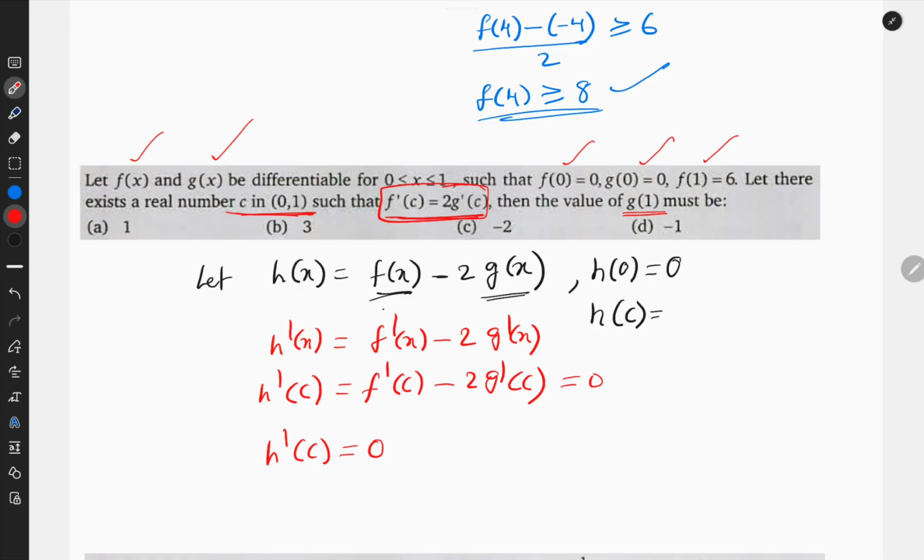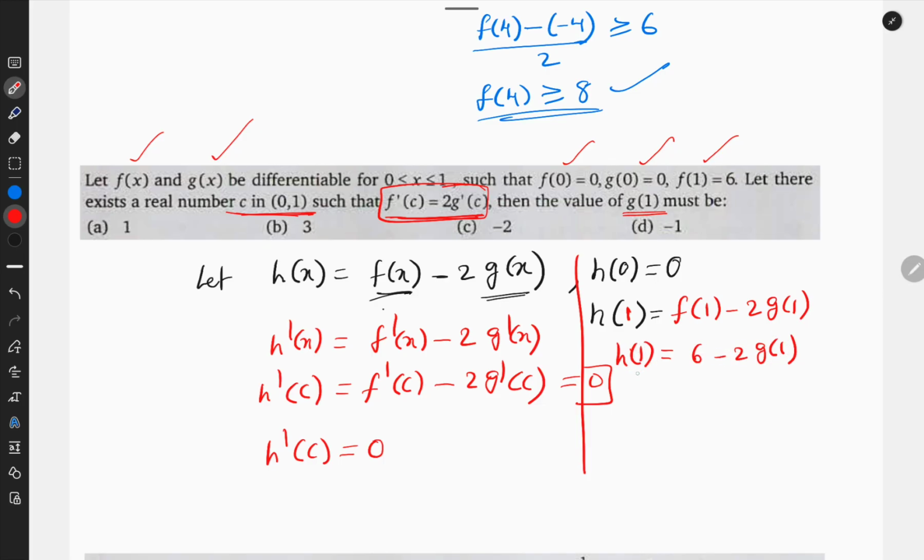And if you apply LMVT for that one. Let us calculate h of 1. If you calculate h of 1, that is f of 1 minus 2 times g of 1. So f of 1 is given as 6, minus 2 times g of 1.